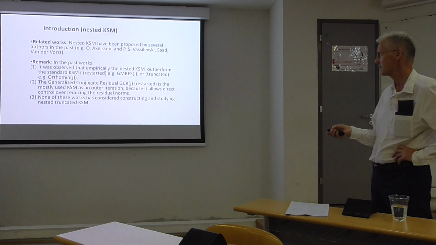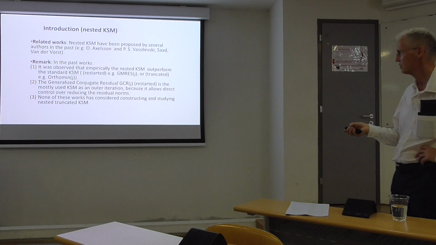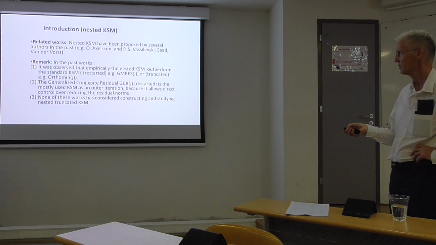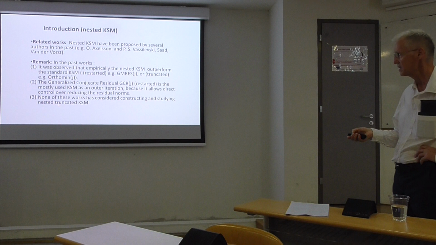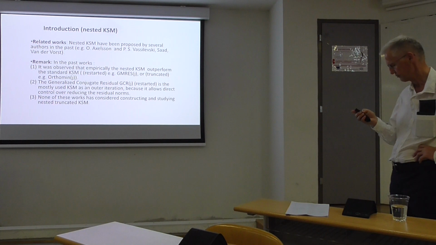The generalized conjugate residual is a restarted method on which Orthomin is based. It is the mostly used KSM as an outer iteration because it allows direct control over reducing the residual norms. And the third remark is none of these works has considered constructing and studying nested truncated KSM.